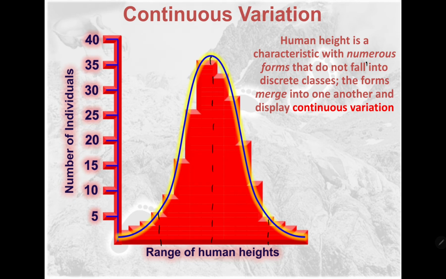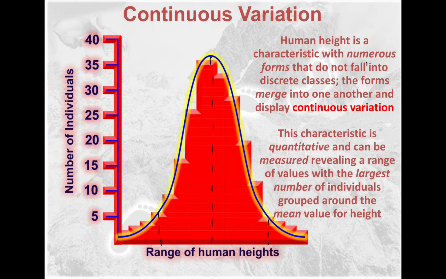So if we take 2 standard deviations either side of the mean, that accounts for the vast majority, around 95% of the population. This characteristic is quantitative. That means it can be measured, revealing a range of values with the largest number of individuals grouped around the middle.